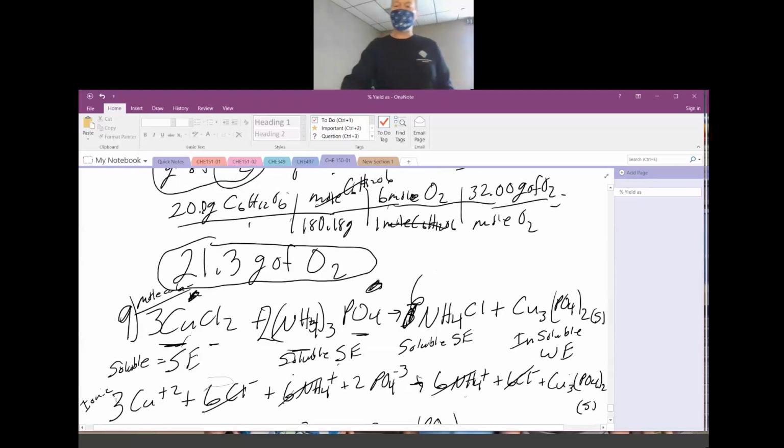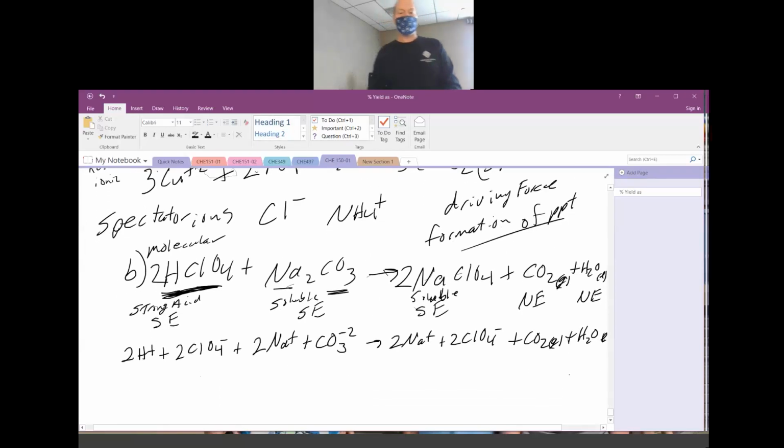All right, so now you see that you have the same things on both sides. So this is called the ionic. All right, so the net ionic, we see if we have exactly the same thing on both sides, that can cancel out. And we do. We have 2 Na plus that can be subtracted from both sides. So get rid of your 2 Na pluses.